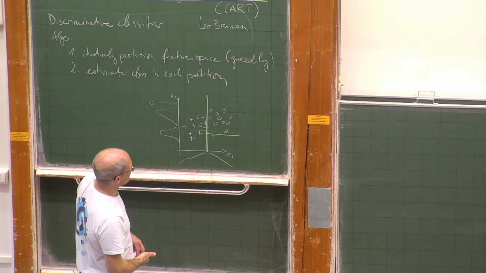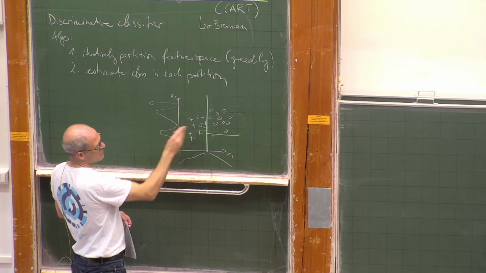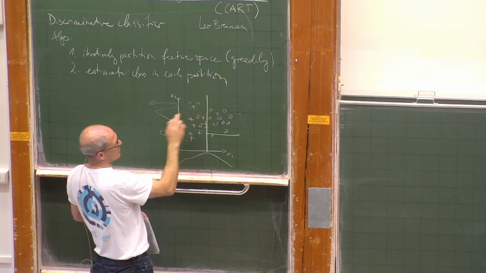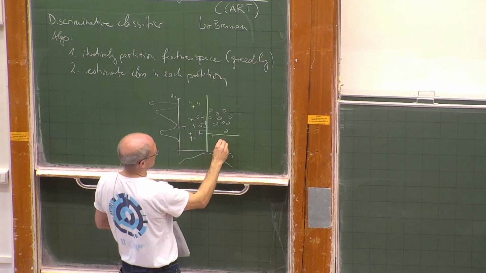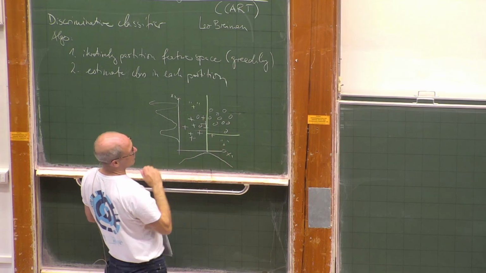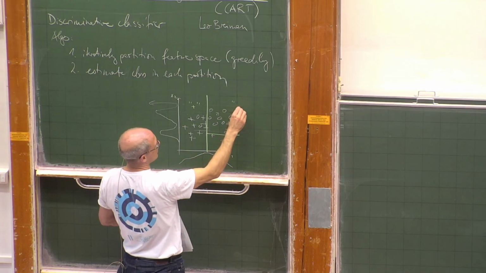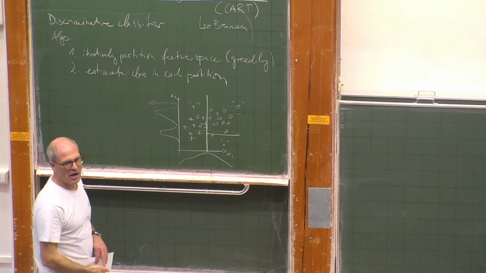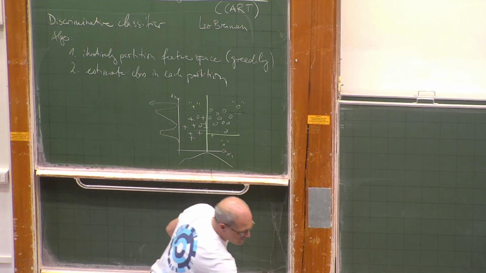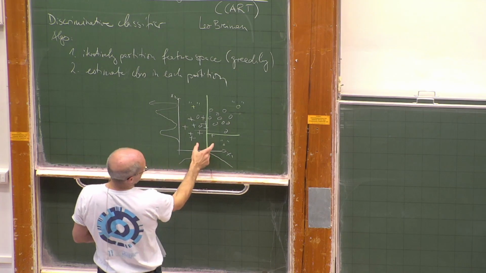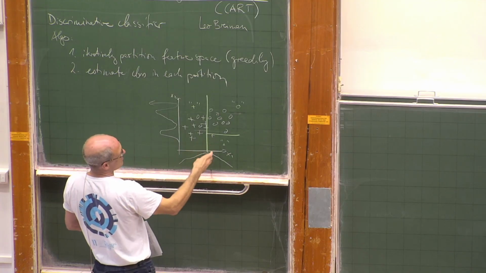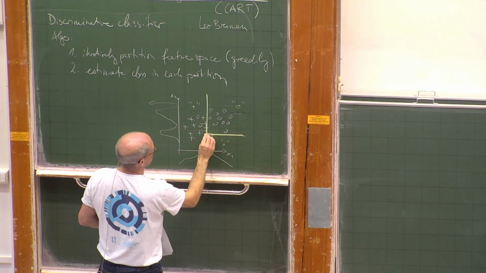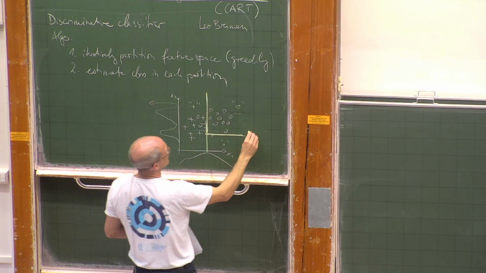And I simply decide that in this partition, I'm going to predict the plus class or the cross class, in this one also, and in this partition, I'm going to predict the circle class. And if I now ask for the decision boundary, well, here I predict the same class, so there's no decision boundary. So my decision boundary would look something like this. This would be the decision boundary.